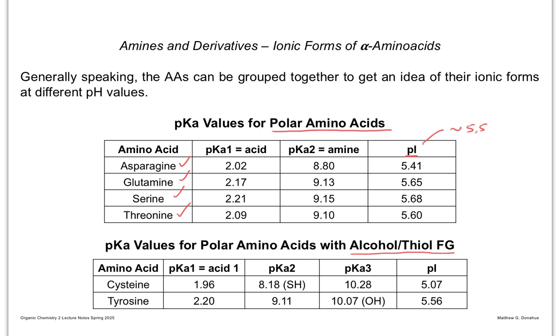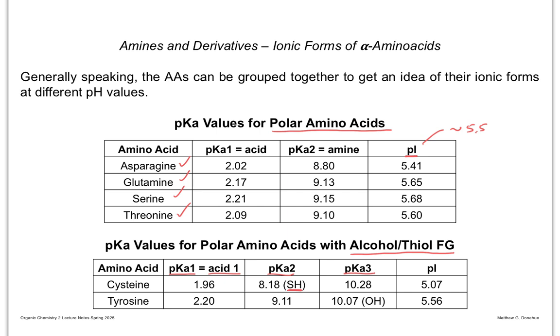So now we have 3. pKa1, that's always the acid. pKa2, this is where things will change. So for cysteine, that's the thiol group.